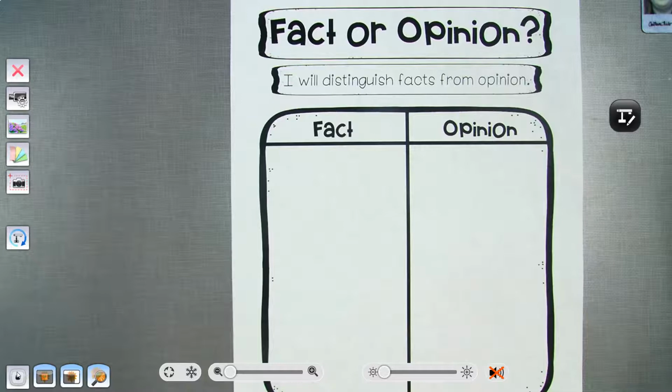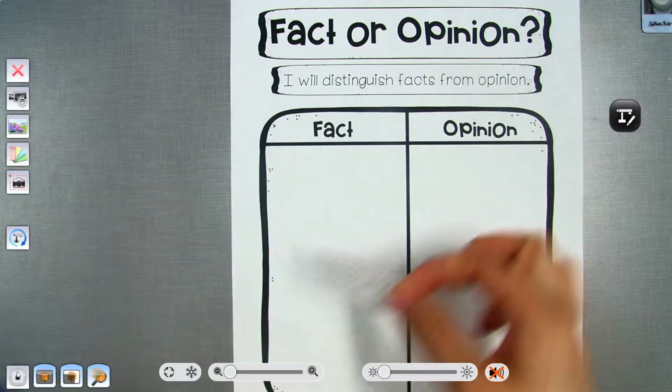We're going to look at some facts and some opinions, and we're going to decide if it's a fact or if it's an opinion. So remember, you do not have this. You're just going to listen and I'm going to read it together. And as I'm reading it, I want you to think about, would you put it under facts or would you put it under opinion? Okay.